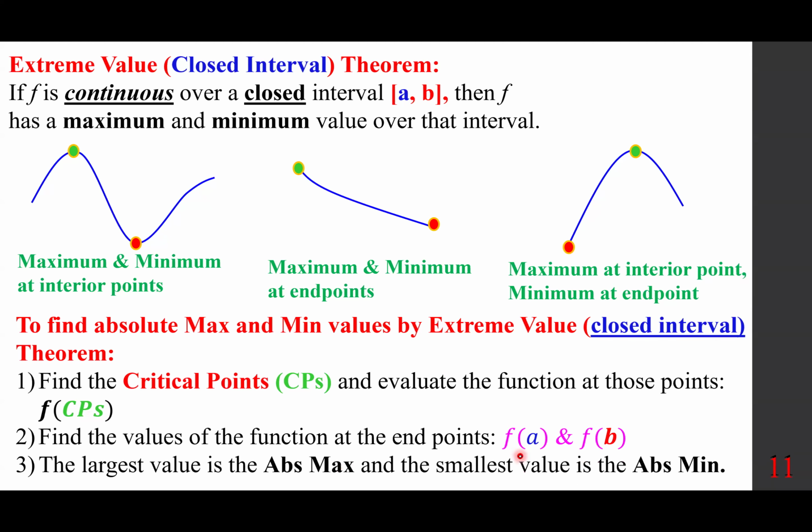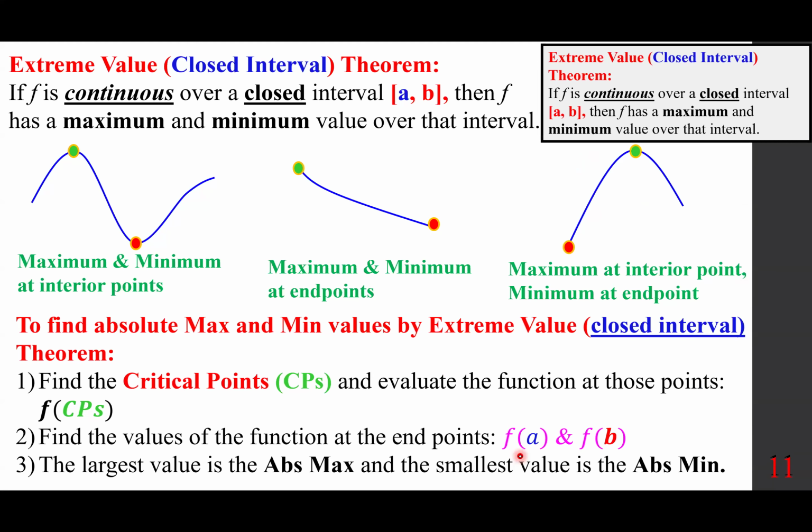Now, the largest value is the absolute max, the smallest value is the absolute min. So in the case of the extreme value theorem, or known as the closed interval theorem, if f is continuous over a closed interval of a to b, then f has a maximum and minimum over the interval. So the key is closed interval, and I can't emphasize this enough.